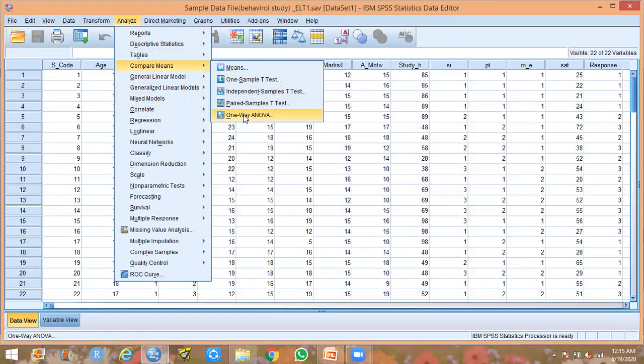Our wish is to test if there is any significant difference between the academic performance of the students among three groups: section A, section B, and section C.